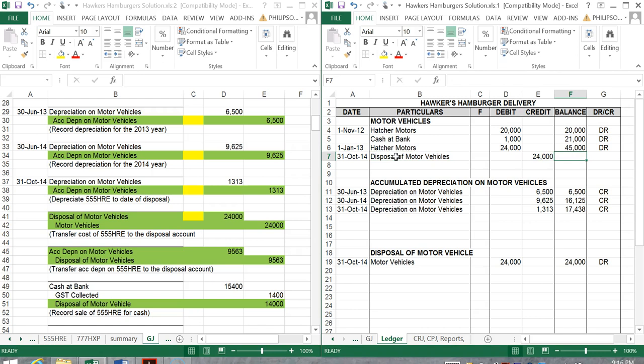Okay, so we're taking a credit away from a debit, so equals 45 minus 24. Still a debit balance though, it's still positive. We still have motor vehicles in our possession, so it's still a debit motor vehicles balance.